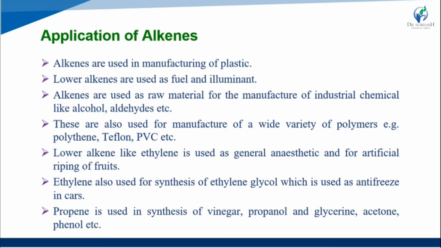Then the fifth one: a lower alkene like ethylene is used as a general anesthetic and for artificial ripening of fruits. Then the sixth one: ethylene is also used for the synthesis of ethylene glycol, which is used as antifreeze in cars.